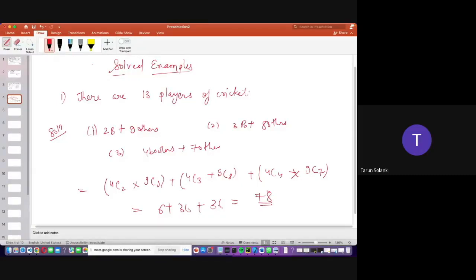So solving, 6 plus 36 plus 36, so 78 is the number of ways a team of 11 can be selected in which at least two bowlers are there. Okay, so you can write down the short solution. There are lots of questions we are having.